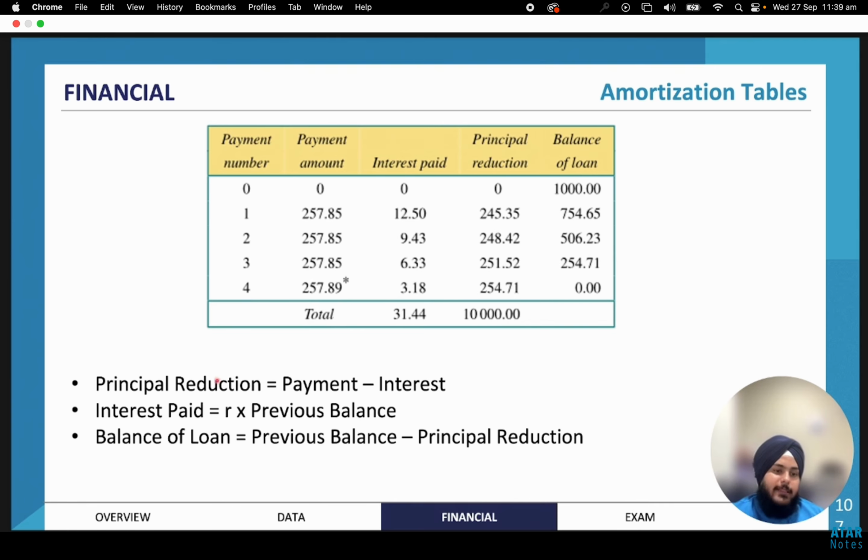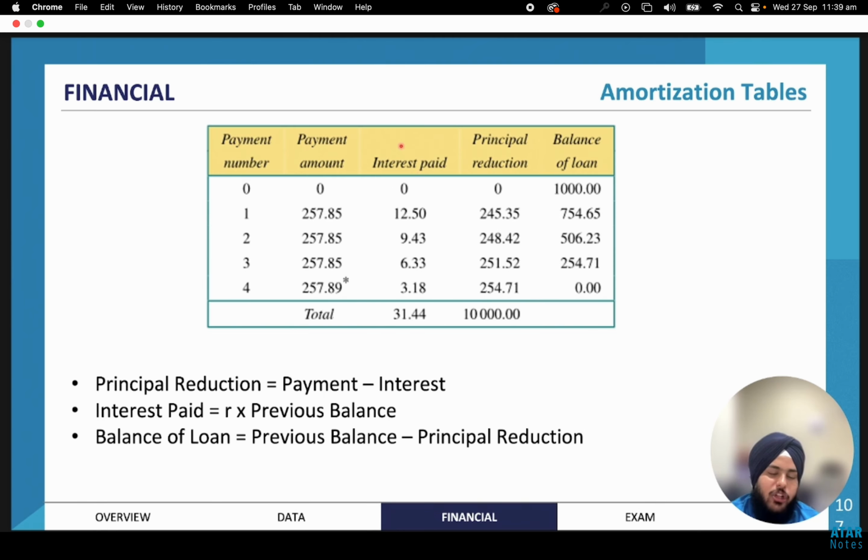There's a few formulas that might be useful when you're calculating what these specific values are. Principal reduction is essentially just the payment minus the interest. So what is the payment that you're paying, and then you subtract the interest that you're being charged. The interest paid is essentially just the interest rate multiplied by the previous balance. So whatever that interest rate is, 2%, 3%, 4%, whatever.